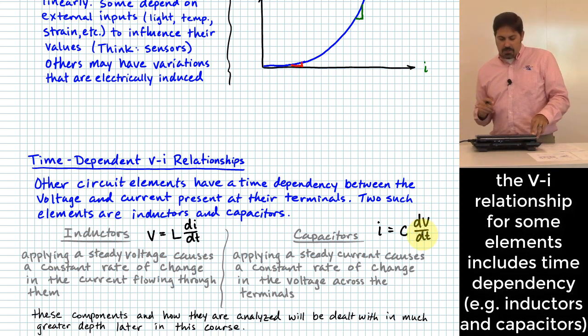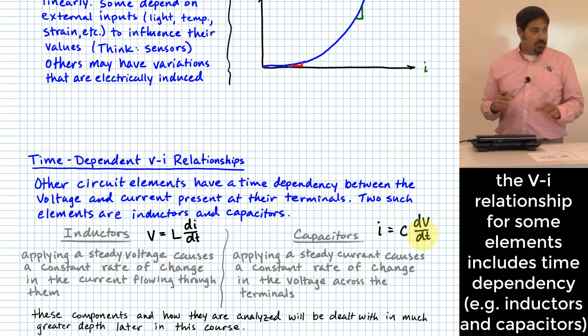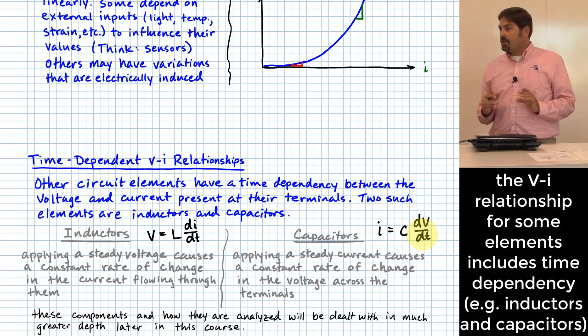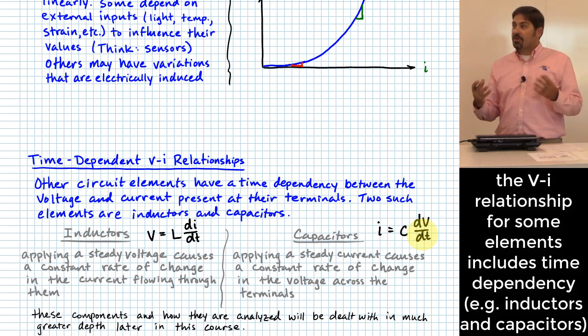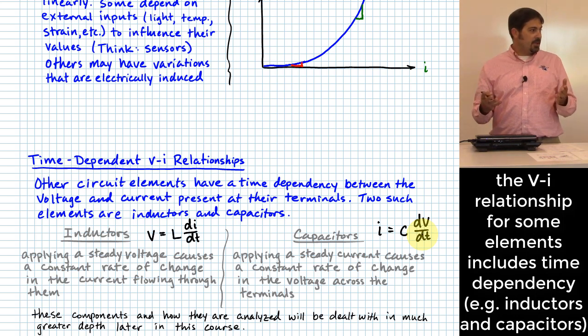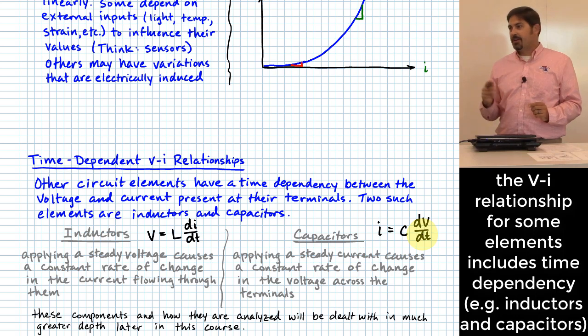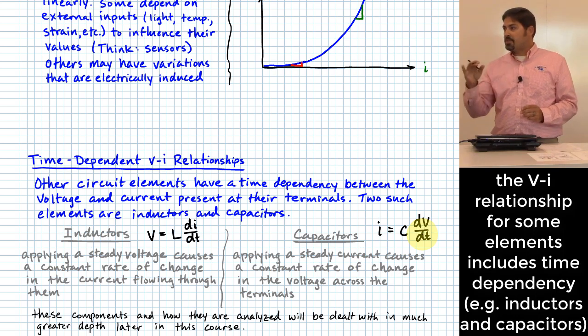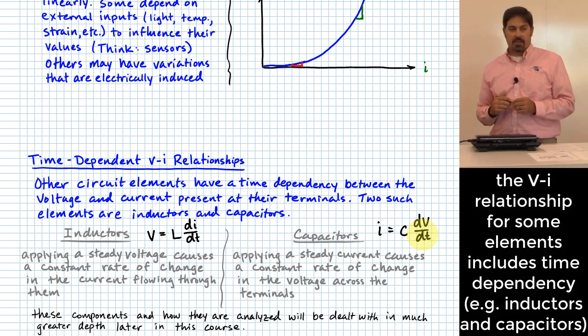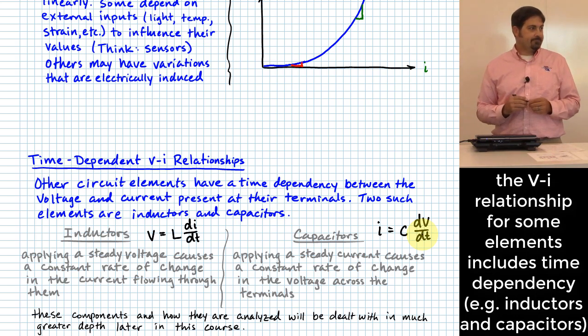I'm not going to go super deep into this right now, but I want you to have this idea that there are other kinds of elements out there where there is a voltage-current relationship, but it isn't just a straight line. It actually depends more on rates of change and such. So we're going to have to get into some calculus whenever we get there.